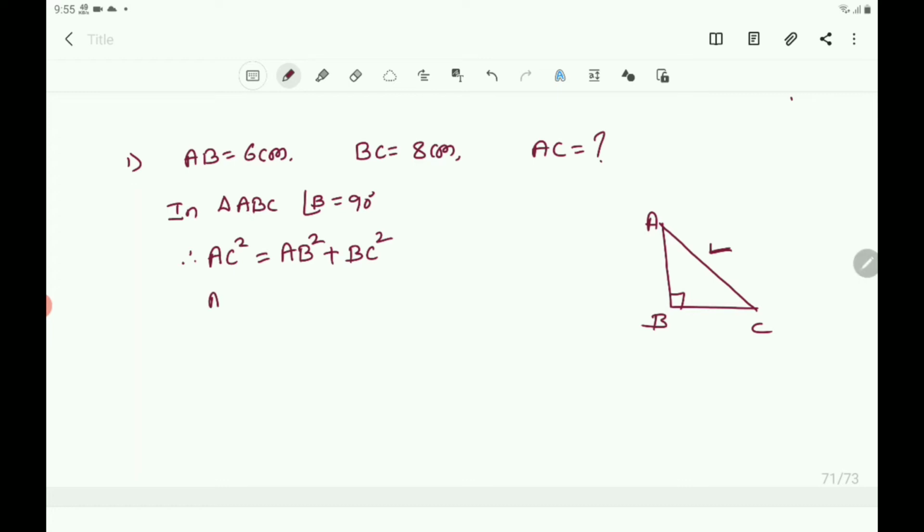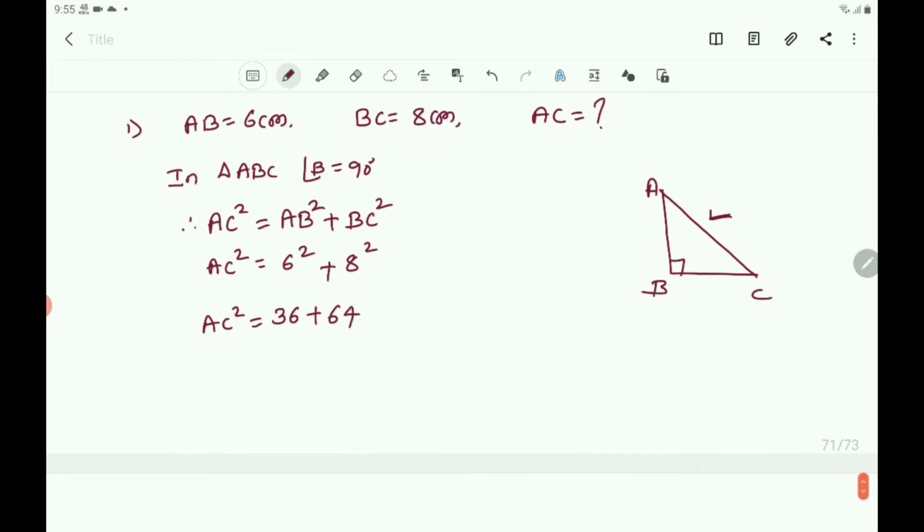That is, AC² equals AB is given, write it, 6², plus BC is given, write the value 8². Then AC² equals 6² is 36 plus 8² is 64. Then what is the sum of 36 and 64?